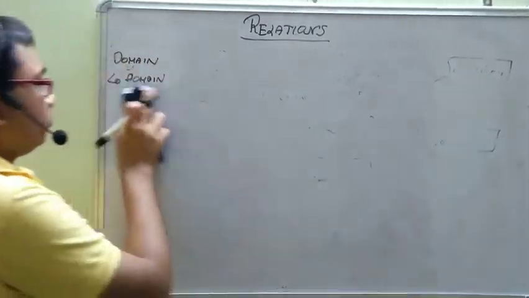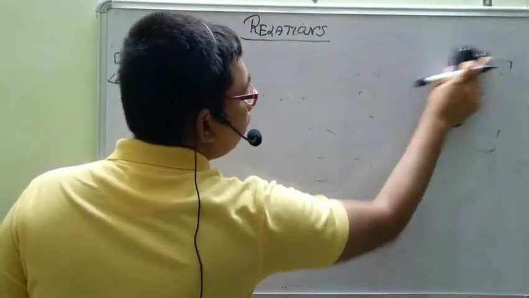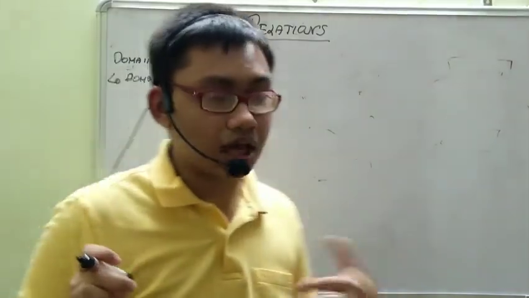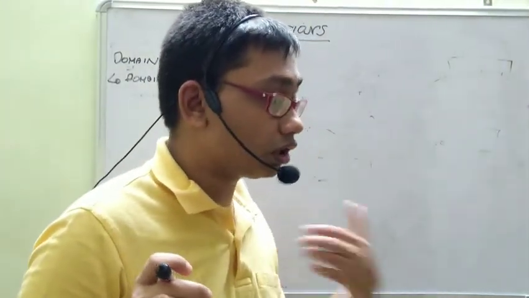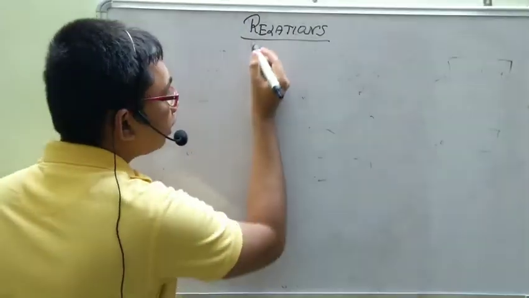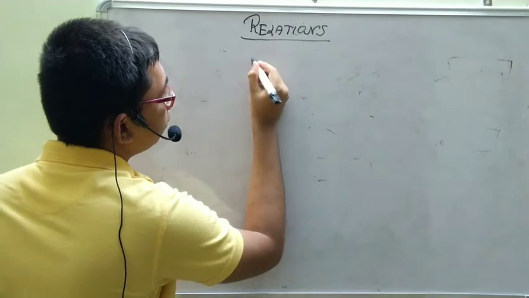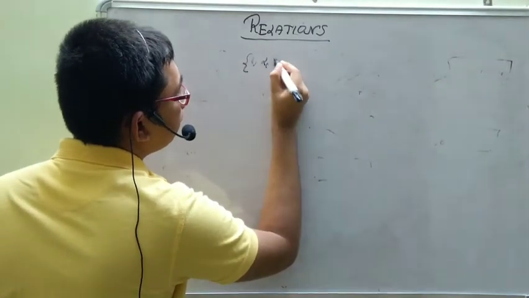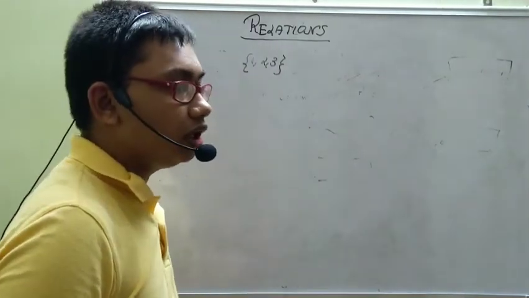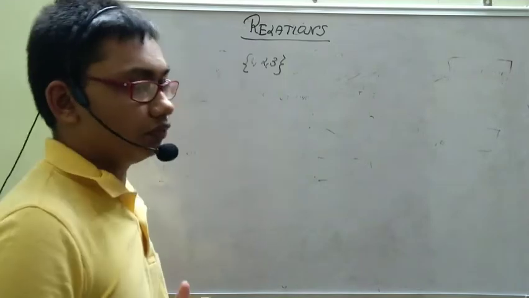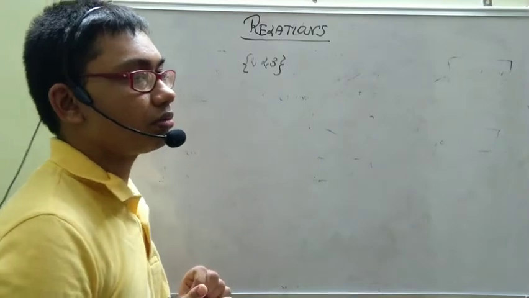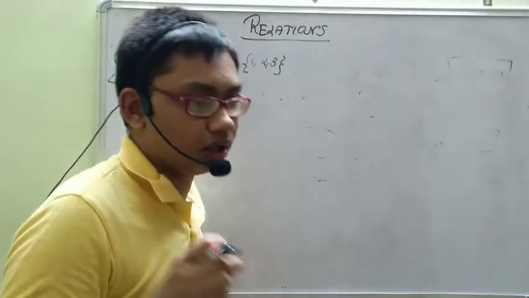Now, in a relation, we have the relative class of an element. Actually, if there is a set, let's say 1, 2 and 3, and we are defining a relation, the set we define for 1 is called the relationship class, or relative class, or relation class.